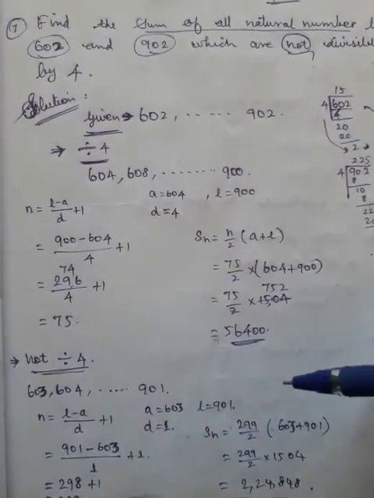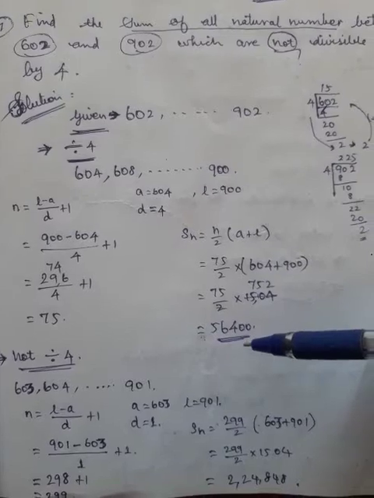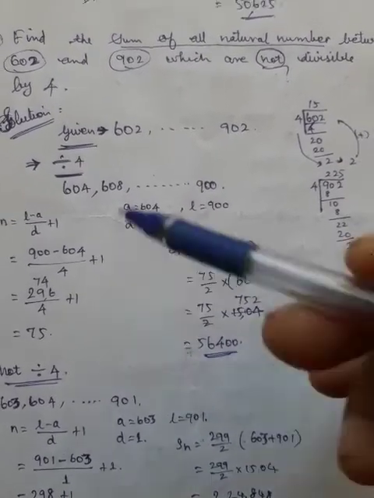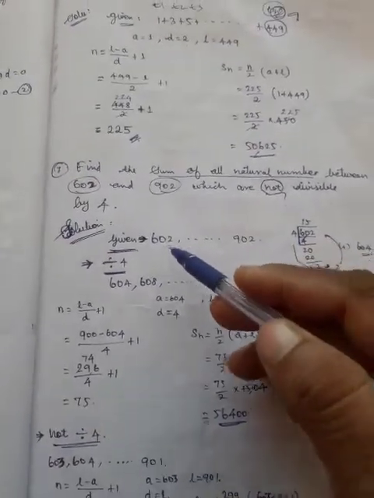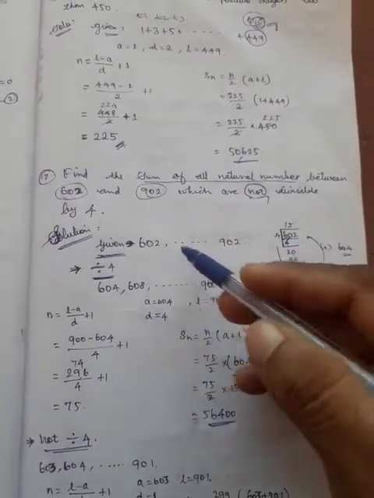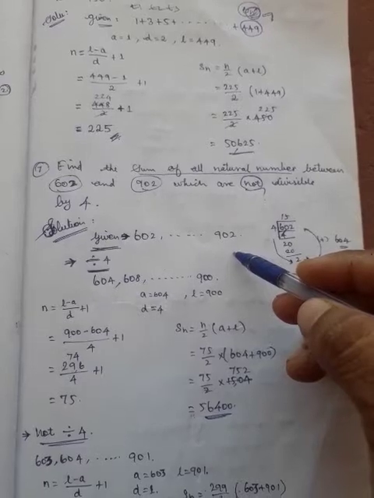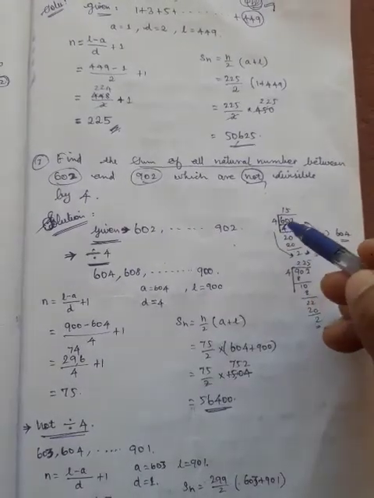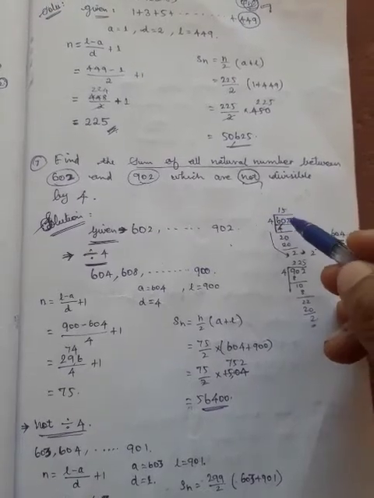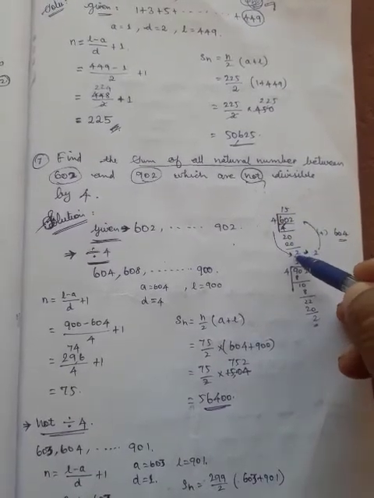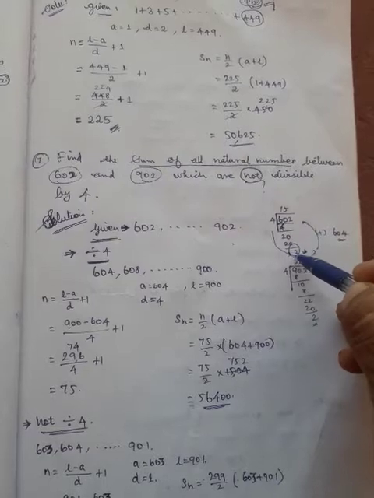Then we can subtract one total from the other to get what they ask. First, 602 and 902. Take 602 and divide by 4; the remainder is 2.